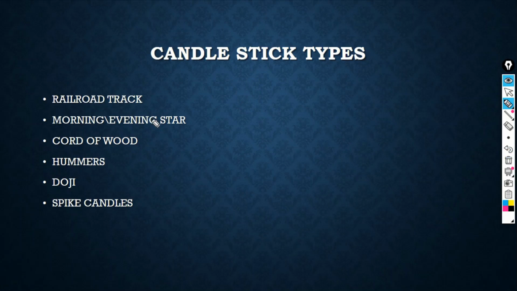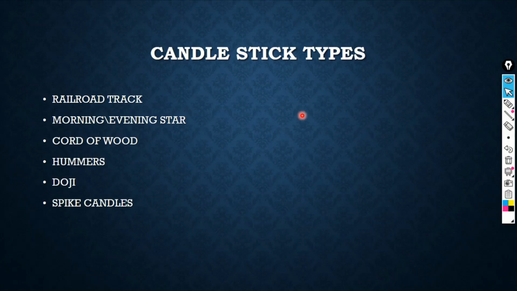So we also have a morning star and an evening star. A morning star is seen at the low of the day, and an evening star is seen at the high of the day. We also have a cord of wood. We have some hammers, doji, some spike candles. These are mainly the candles that we are going to focus on. I know there are tons of candlestick patterns.